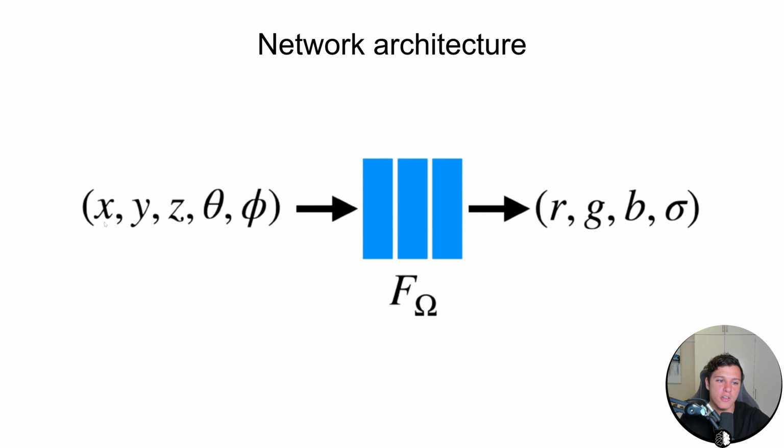We say, we're interested in the coordinate x, y, z, if it's viewed from a particular viewing angle of theta and phi. So, a single pixel point in space from a particular viewing angle. We run that through our network, F, which is just a fully connected neural network.